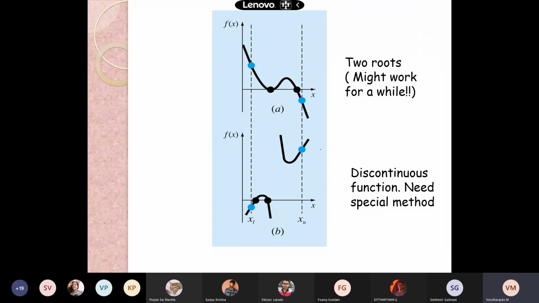Other curves are shown here, with two roots here, and a discontinuous function needs a special method for getting the results.